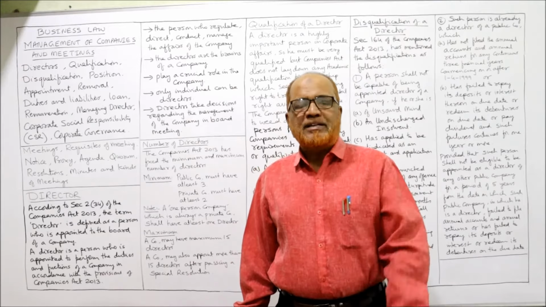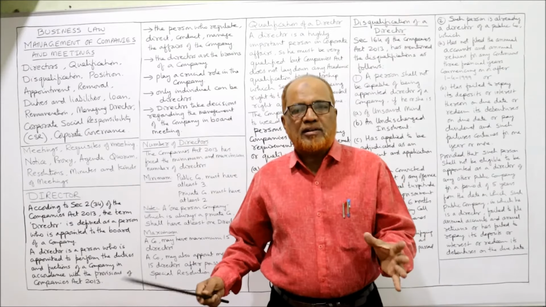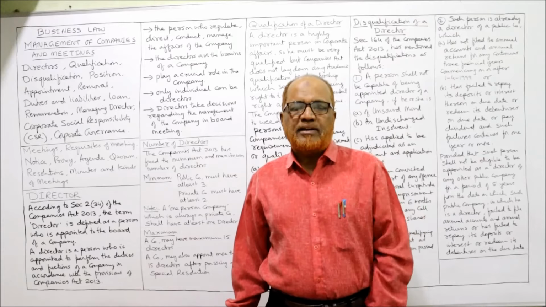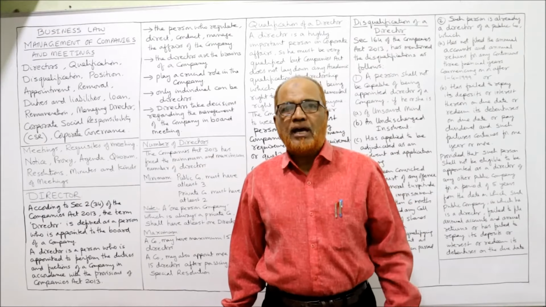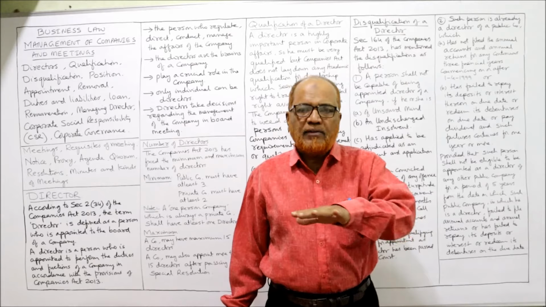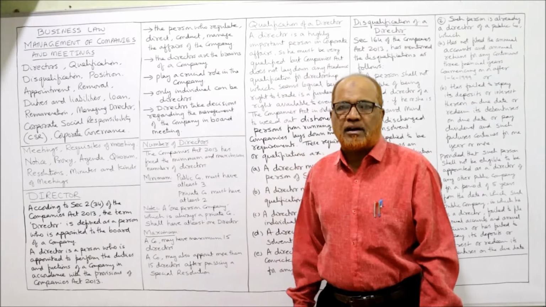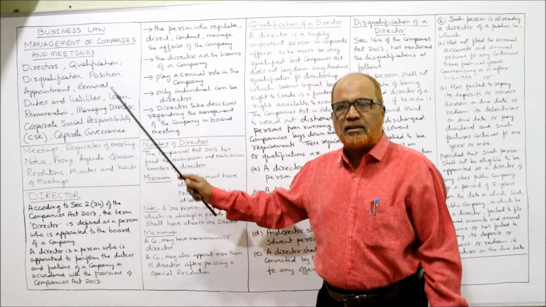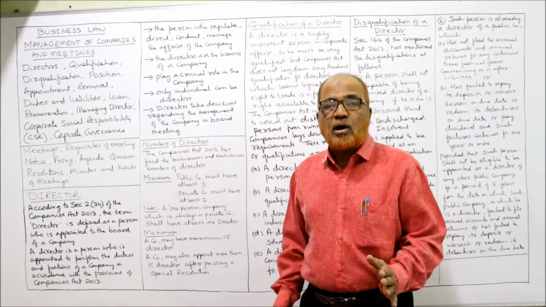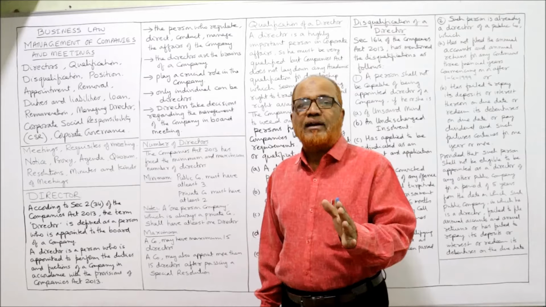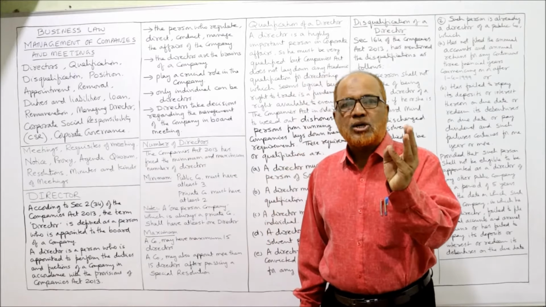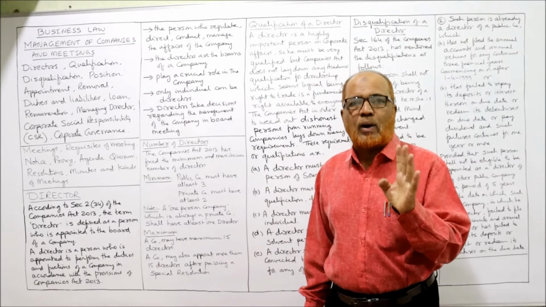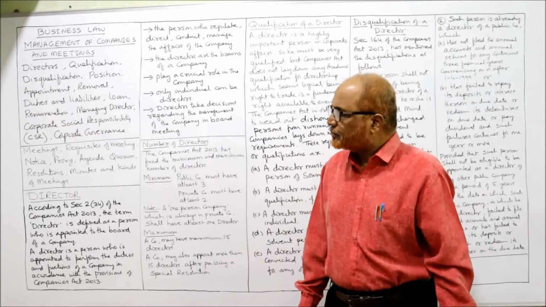For example, members meeting, board of directors meeting, then annual general meeting, statutory meeting, extraordinary meeting, different kinds of meetings are there. So this is the total concern in this video and the coming videos. But in this video our lecture will be confined only to directors, qualification and disqualification. That's it in this video.